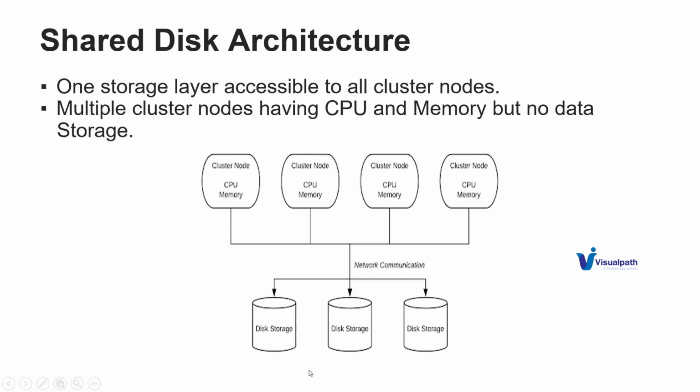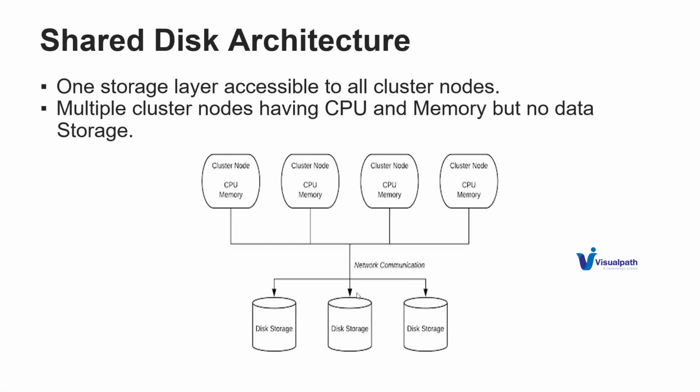Shared disk architecture means one storage layer will be available. In this storage layer, all the data will be accessible to all the clusters, which are nothing but compute resources. In the compute resources, we will have CPU, memory, temporary storage, RAM, all of these. The storage layer is accessible to all the compute resources. Let's say we have 10 compute resources.